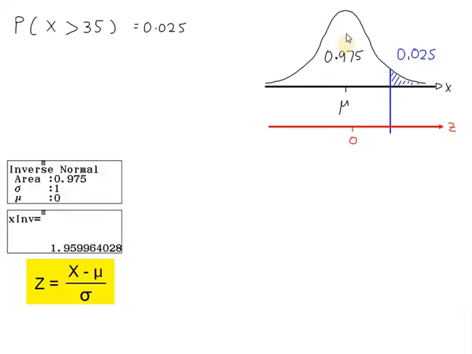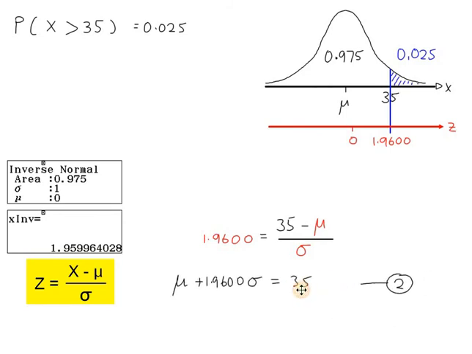So I've put in the 0.975 as the cumulative area, and these again are values for the standard normal distribution, and the calculator returns a z value of 1.96 rounded, like so. And then using the formula again, on the left hand side we've got z, and that's equal to the x value, which in this case is 35 there, minus the mean divided by the standard deviation.